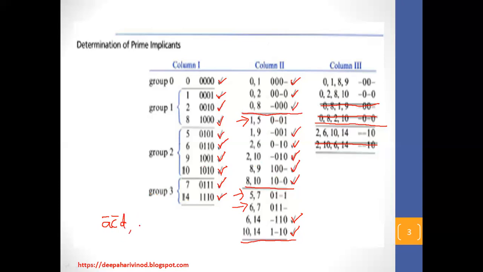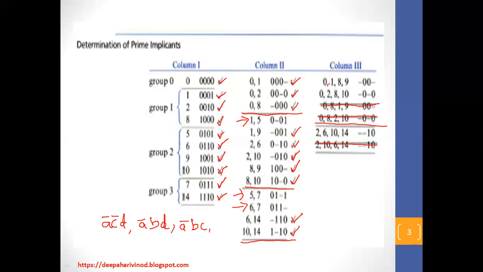The next term will be 5 and 7, that is A bar B, C you don't have, then D is there. Next 6, 7, you don't have D, that is A bar B C, and the last one is 6, 7 which is remaining.